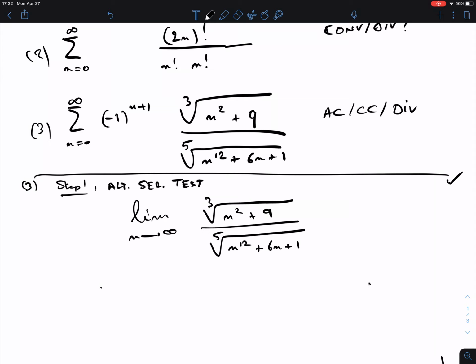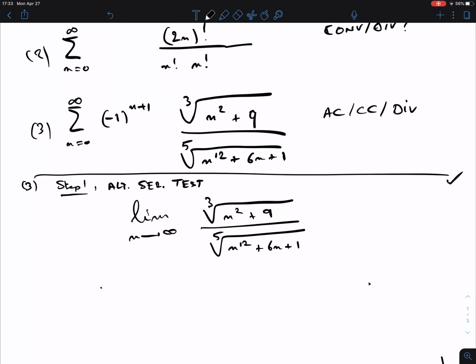Now, don't confuse this step with the next step. In this step, since it's a limit, I have to divide top and bottom by the same quantity. Some of you did this wrong on the test and concluded divergent, and you lost almost all points because you skipped almost everything.